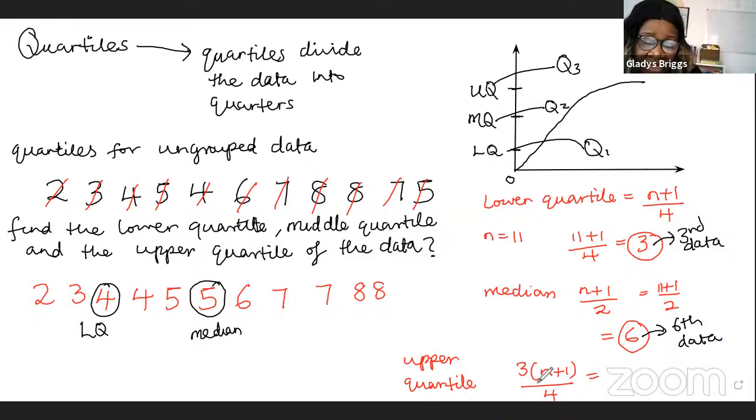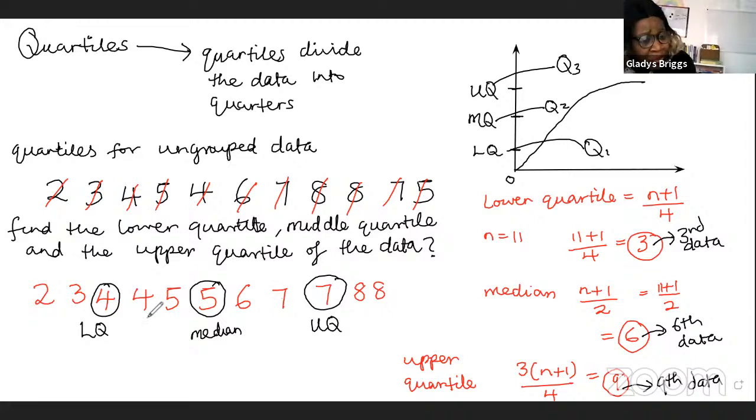This is 3 times 11 plus 1, which is 3 times 12 over 4. 3 times 12 is 36, over 4 is 9. This means you need to go to the 9th data and find the upper quartile. So you're going to go here: 1, 2, 3, 4, 5, 6, 7, 8, 9. The 9th data is the upper quartile.